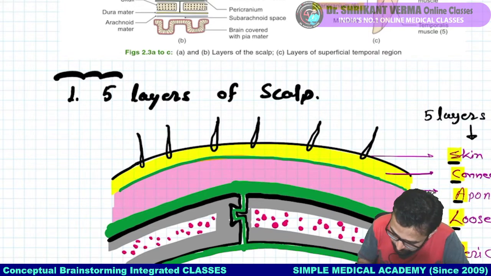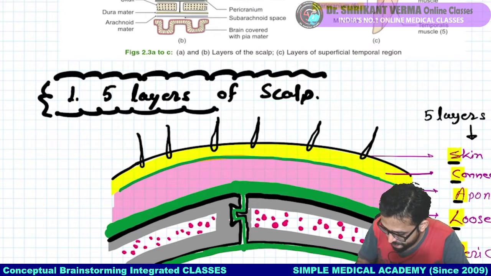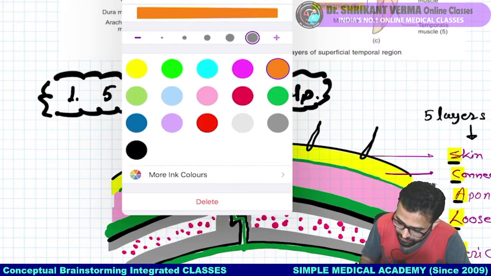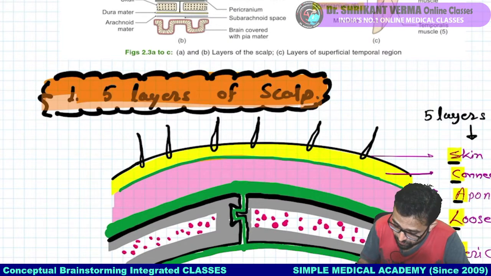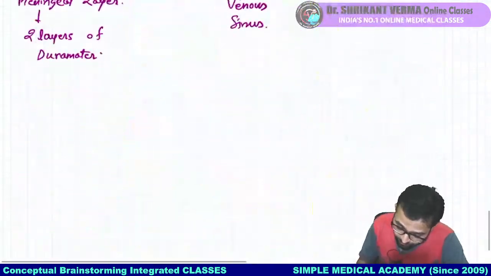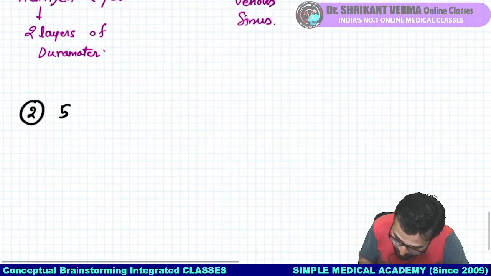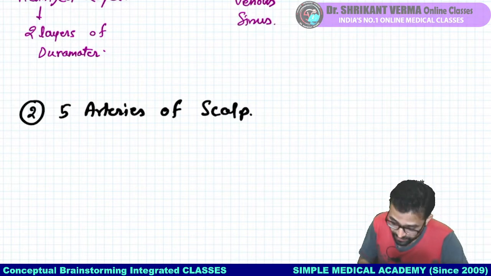Scalp. Now we are going to focus on the 5 arteries, as well as 5 veins.